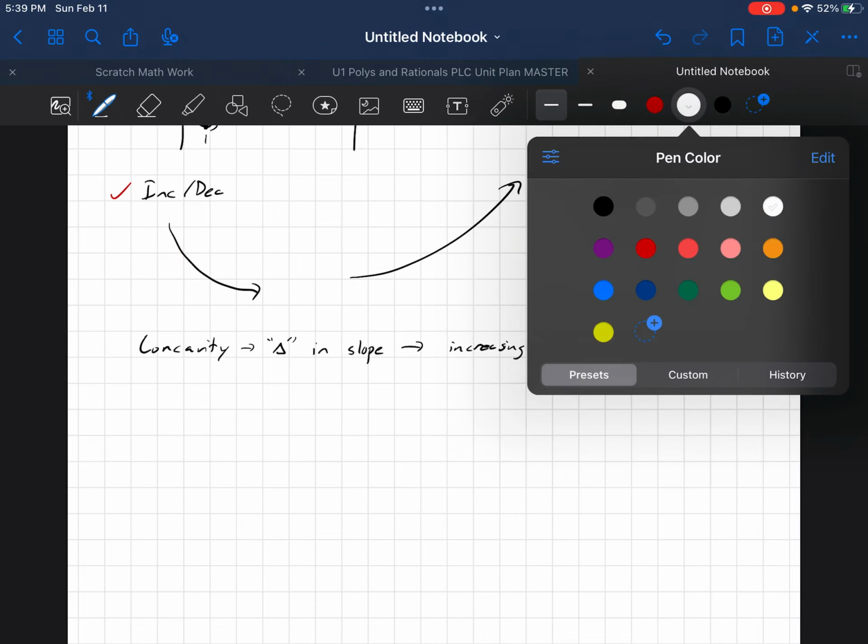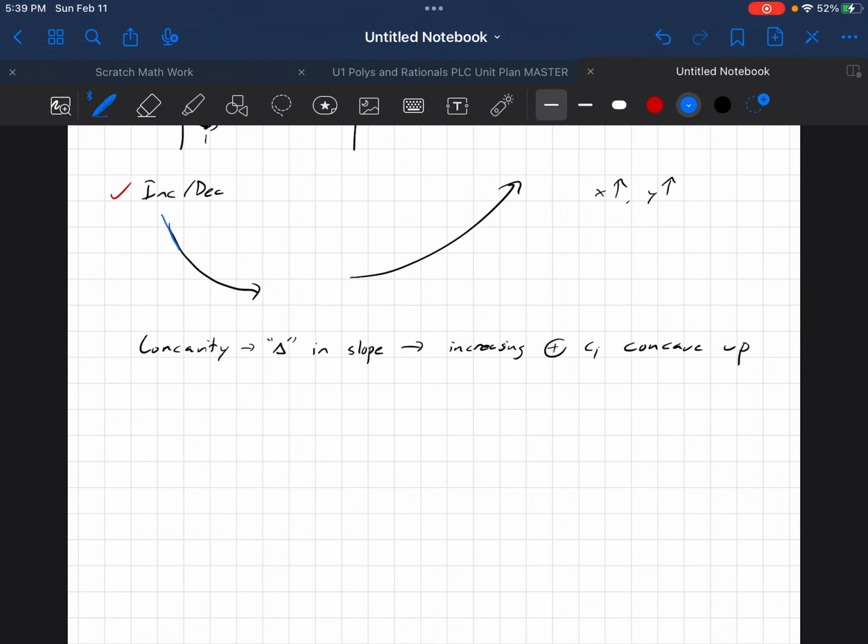Let me get a different color here. Okay, so here it's negative, here it's negative, it's less negative. Now it's 0, and if this trend continued, it would go up. Okay, and here we have a graph that's concave up also because even though the slope is always positive, it's getting more and more positive.